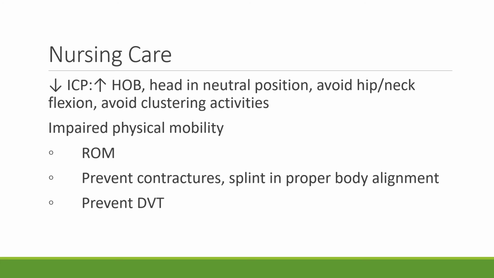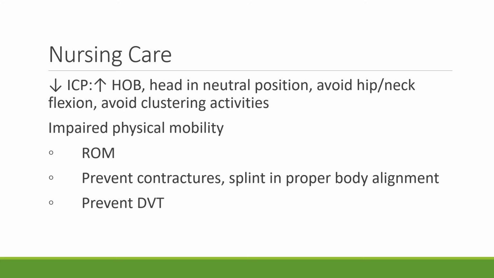Head in neutral position, so that's our neck and our head facing forward and not bending too far. So if you see your patient's chin on their shoulder or on their chest, that is not neutral position. Avoid hip flexion, so that would be bending at the hip or hips that are 90 degrees or more.